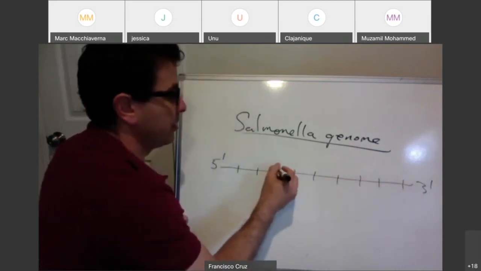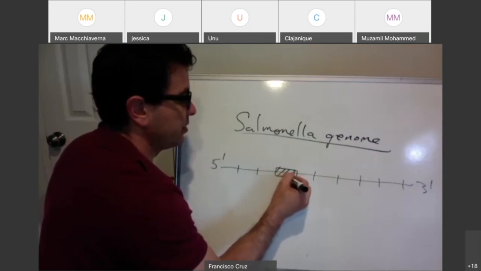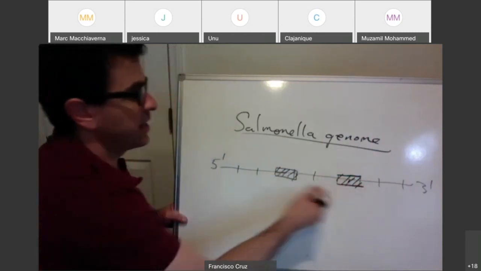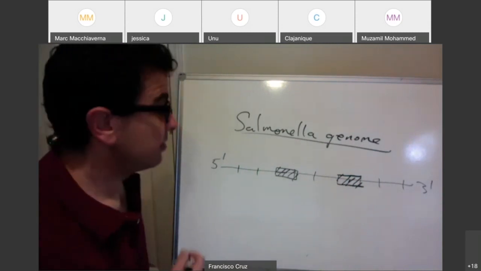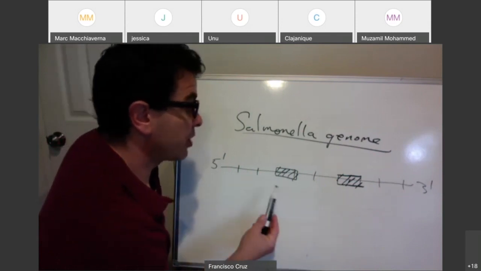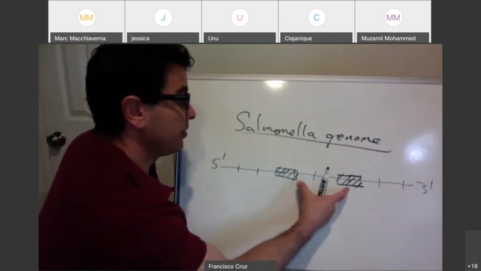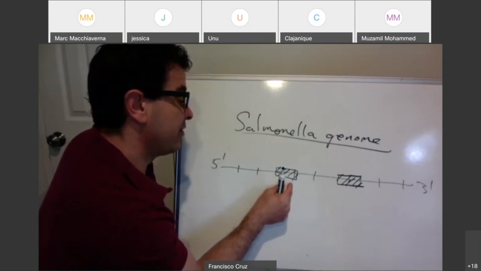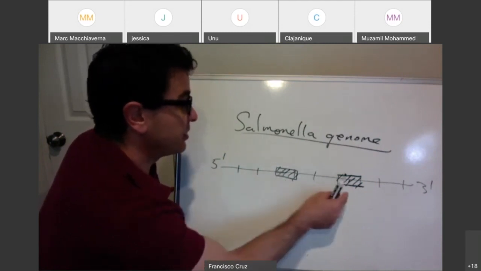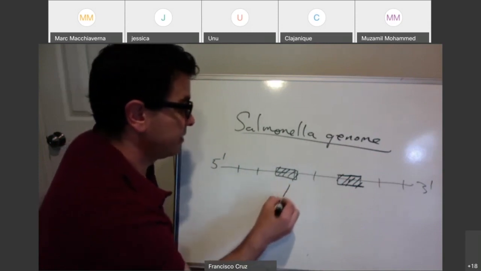Maybe here in this region, and then maybe here in these regions. If you took these regions out, maybe there would still be fine cell growth, no problems. But these regions, we notice that they have all of the proteins that inflict disease, and so these are known as pathogenicity islands. These are just regions.